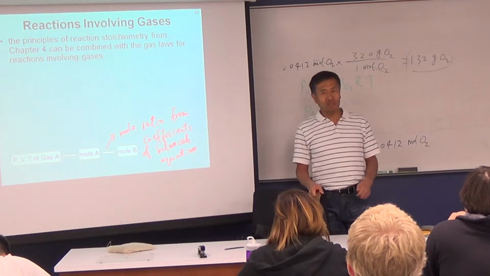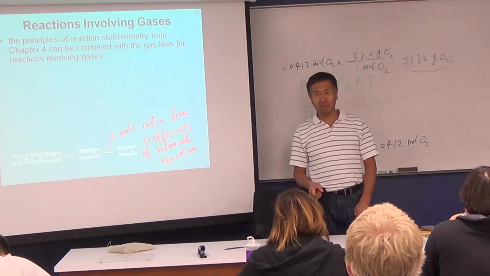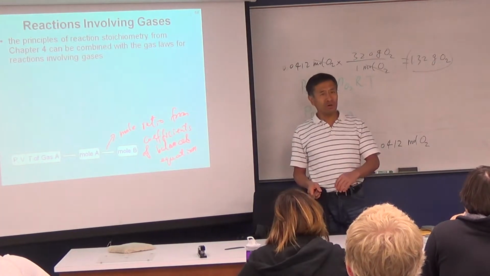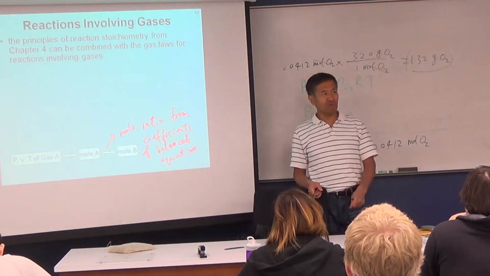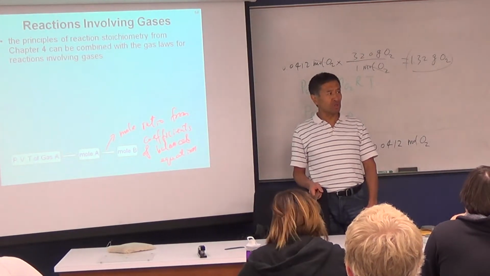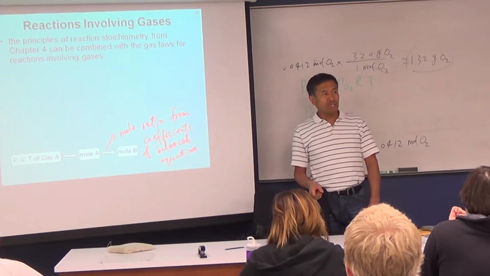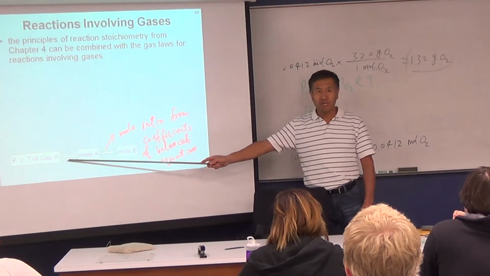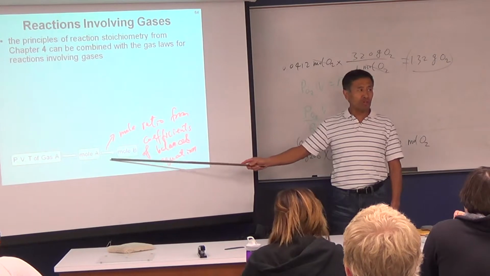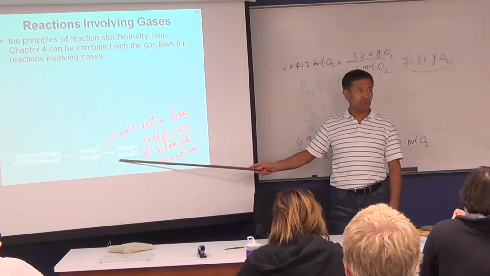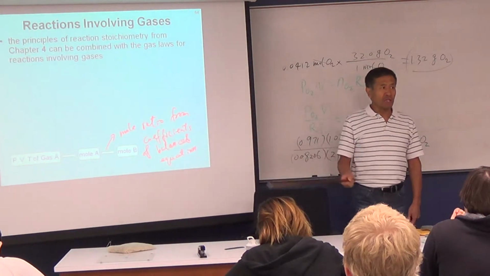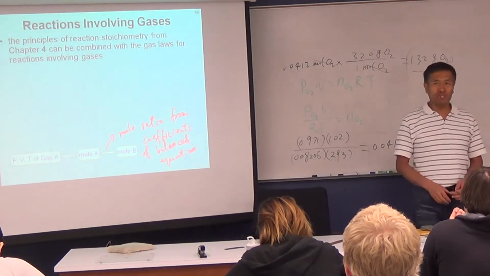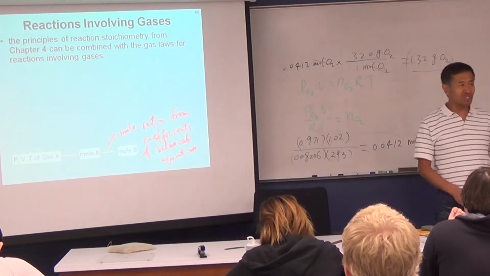And the gas law, as we emphasized again, comes in two types: either the ideal gas law or Boyle's and Charles's laws, depending on what the problem gives you. Once you find the moles of A, you just use mole ratios to get the moles of B, and then you can use the moles of B to do something else, depending on the state of B.